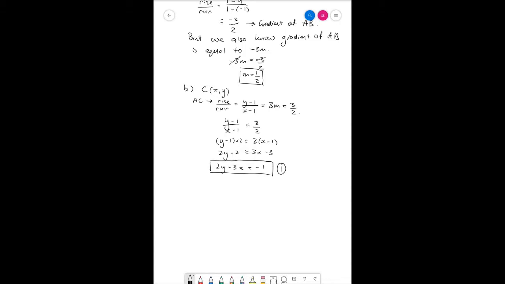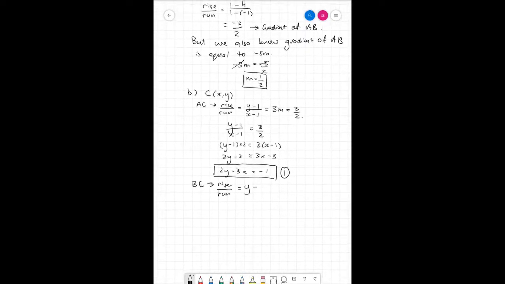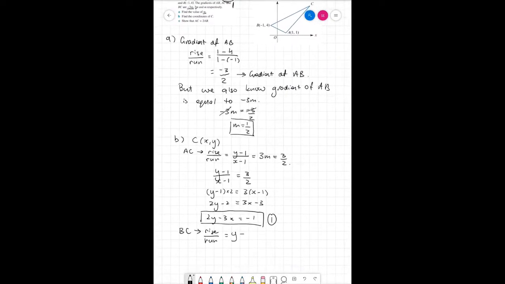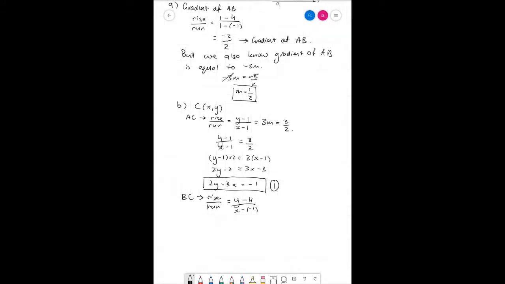And then we can do the same thing for line BC. So again, we know that B has coordinate minus 1, 4. That's x plus 1.